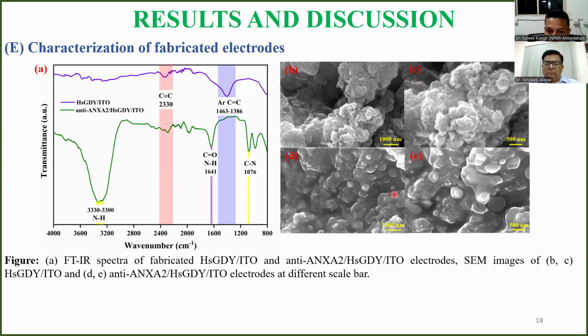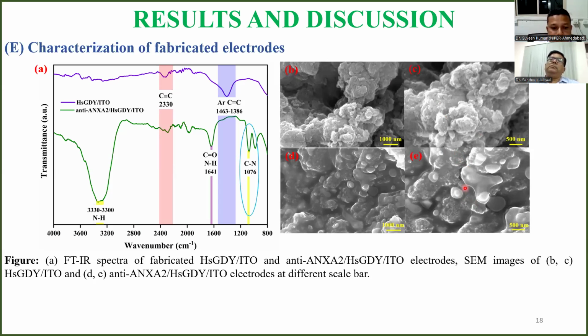We also investigated through scanning electron microscopy. Morphologically, we can see some changes; some globular structure has been observed. So it indicates successful immobilization of our bioreceptor, anti-annexin A2, onto the hydrogen substrate graphene ITO electrode.